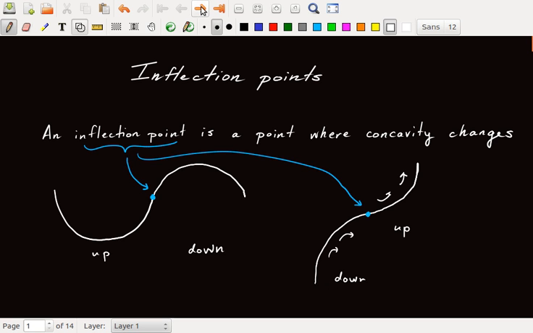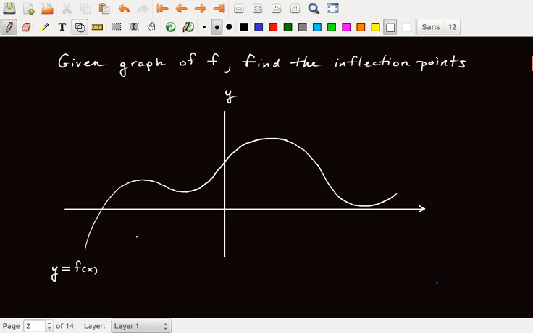Okay, let's look at a more global example. Here's a graph of a function f, and we want to find the inflection points. So we look at the graph going from left to right. Here we're turning down. And we keep turning down until about right here, where we start turning up.